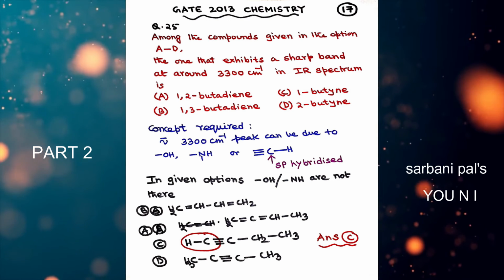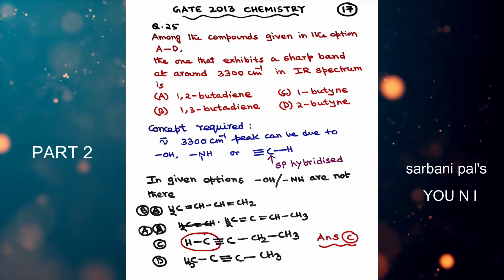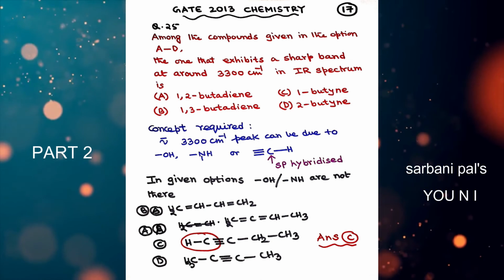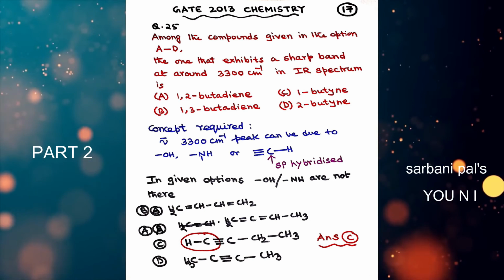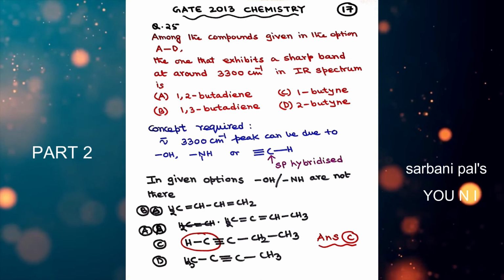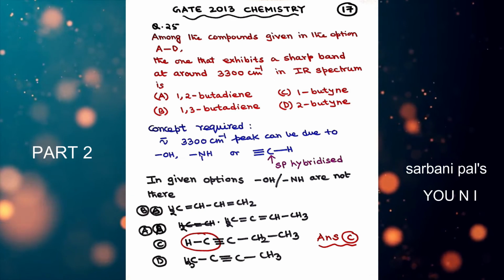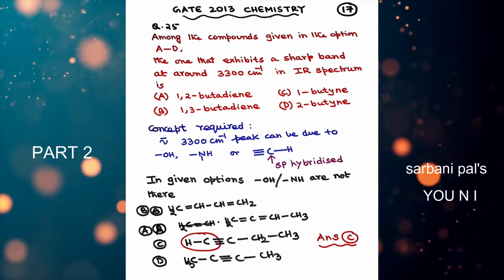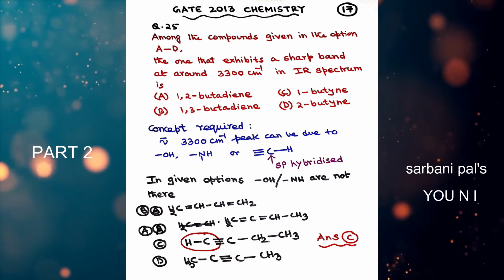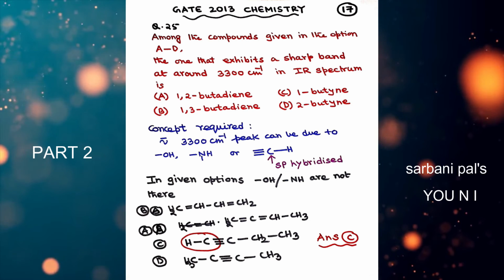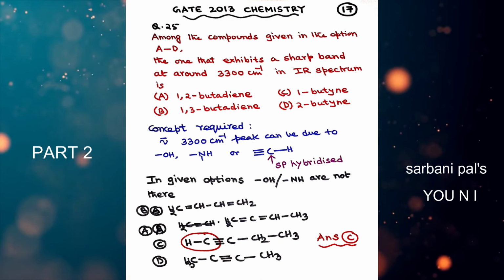Now in order to answer this question, first we have to know which peaks can appear at 3300 centimeter inverse in IR. There are three possibilities at 3300 centimeter inverse: OH stretching, NH stretching and the triply bonded CH stretching. In the given options A to D, we have to pick only one, and none of them have OH or NH.